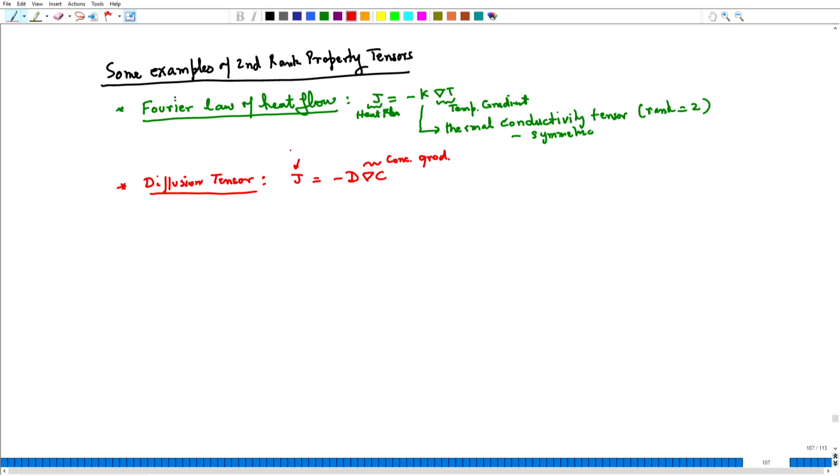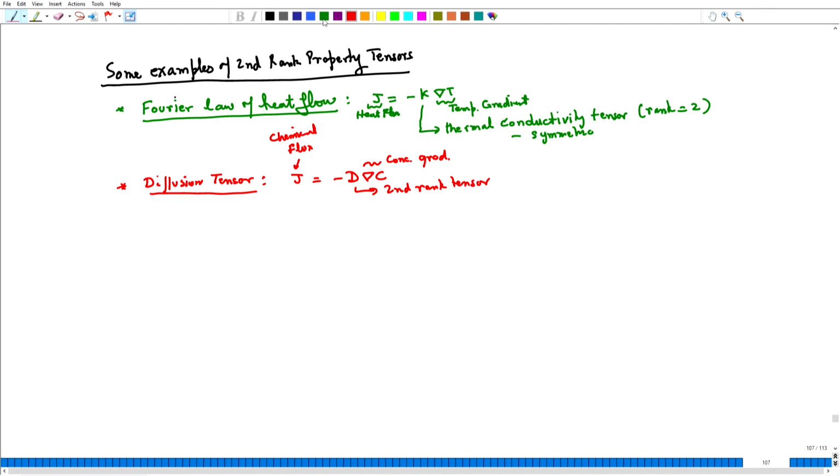This is flux, or you can even say chemical flux, because here some species is diffusing down the concentration gradient, and D is simply a second rank tensor.